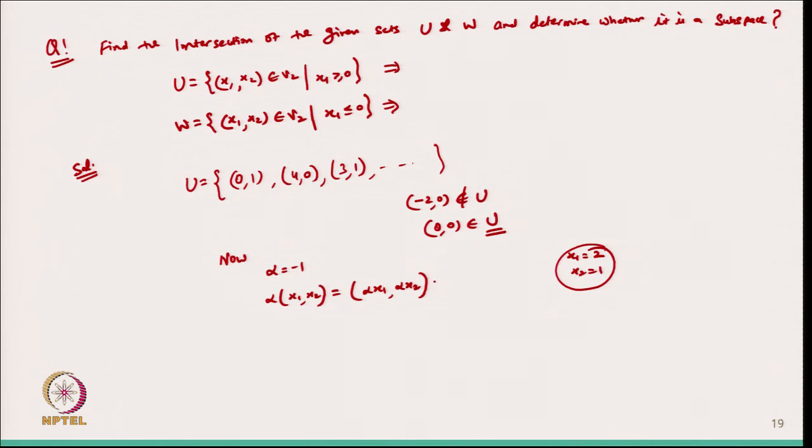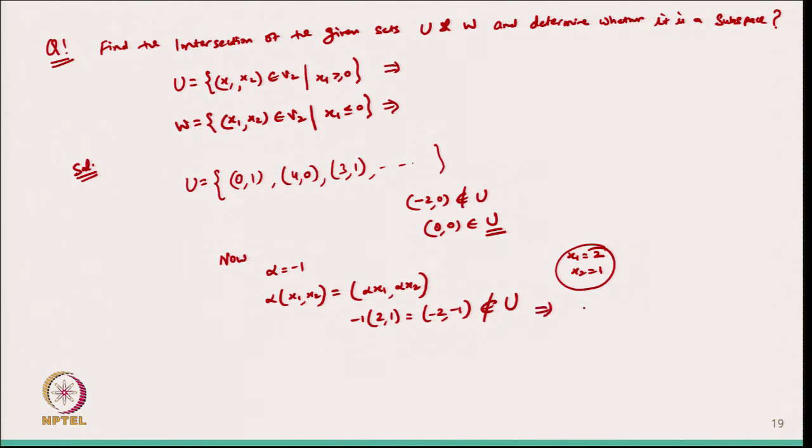Now, if I take this element, then definitely -1 times (2, 1) will be (-2, -1), and it does not belong to U, because I am choosing x1 always greater than or equal to 0.